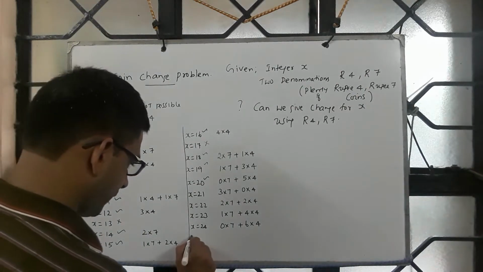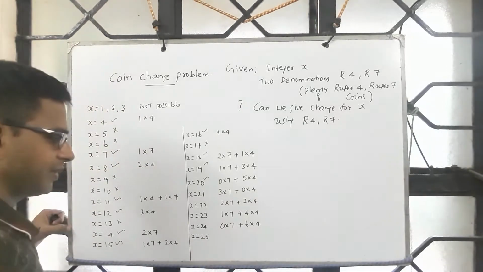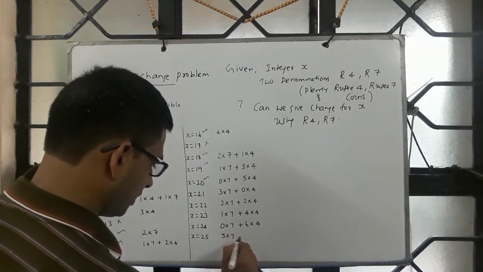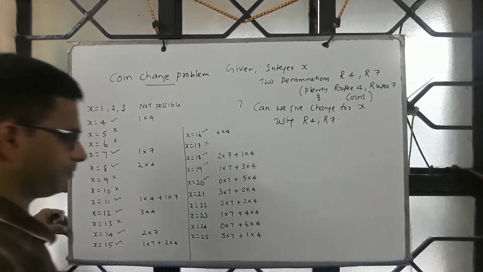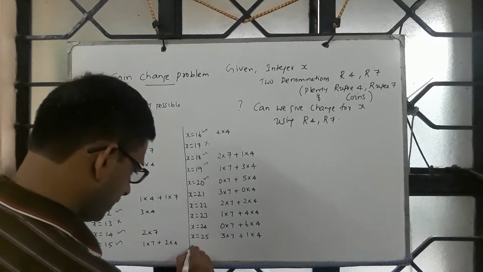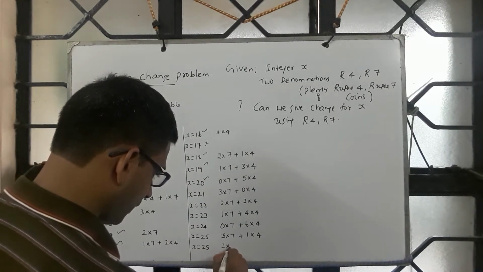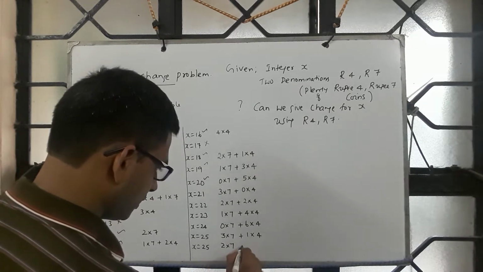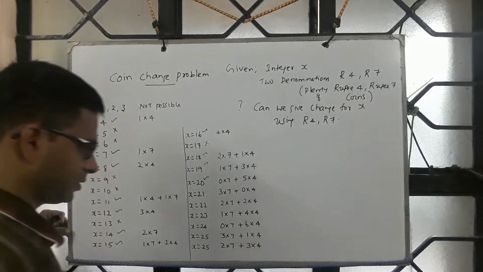For x equal to 25, I am using 3 7s plus 1 4. And 2 7 rupee coins plus 3 4s.